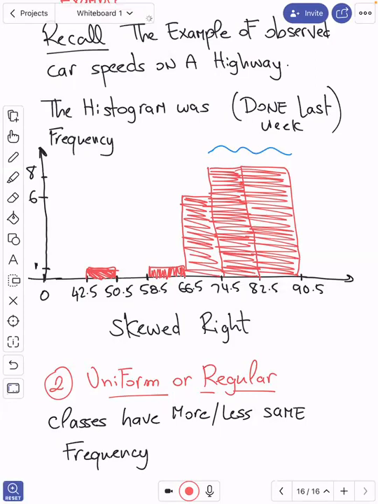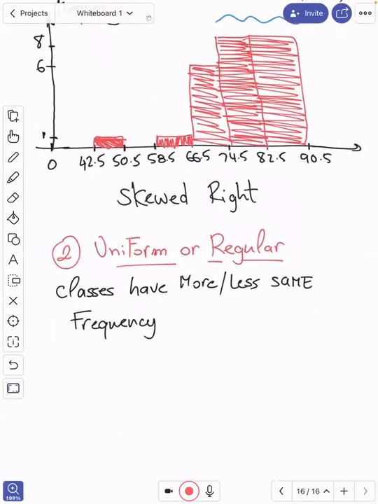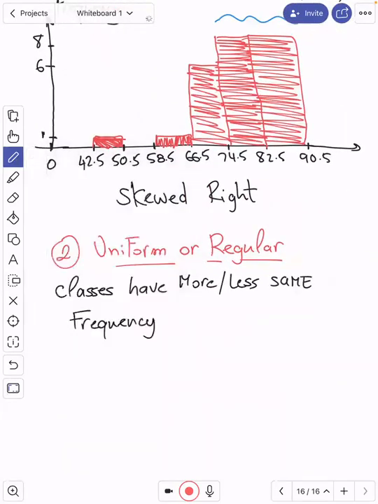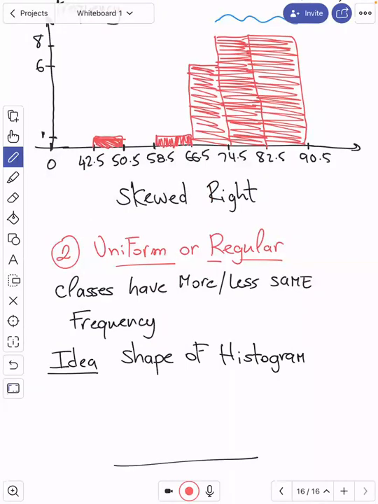So the idea is the following: the shape of the histogram would be something like this.